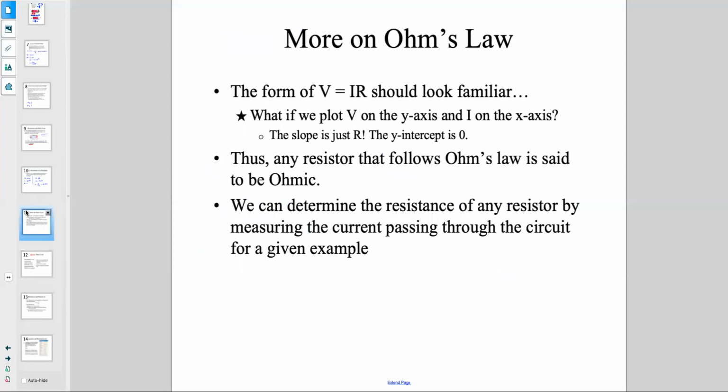So more on Ohm's law. Let's go a little bit further in. The form of the equation that we have, V equals IR, looks familiar. This is a linear equation. In other words, if you plot V on the y-axis and you plot I on the x-axis, you will end up having a linear relation between V and I, which is this.